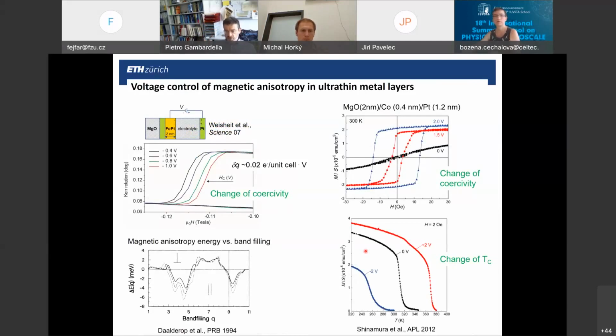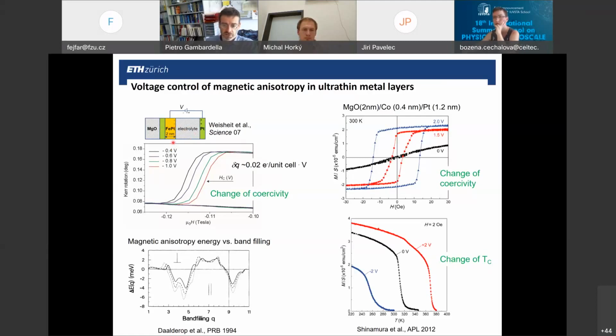This can be achieved in practice by gating, so by applying an electric field to a thin magnetic layer. Now, the layer has to be thin because, as you know, electric fields are screened very rapidly in metals, but the interface layers are affected by the electric field.